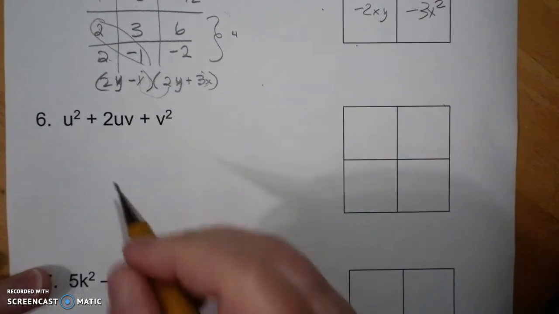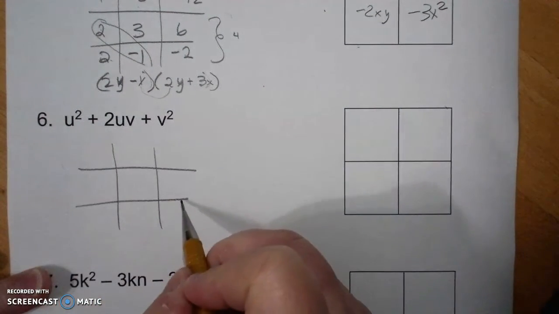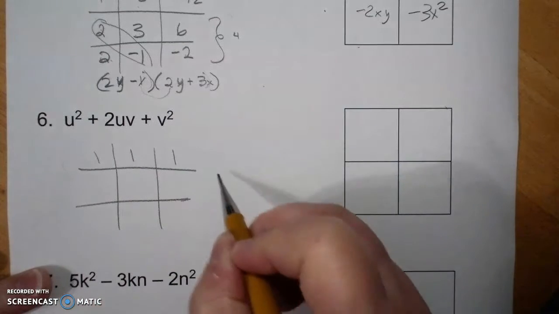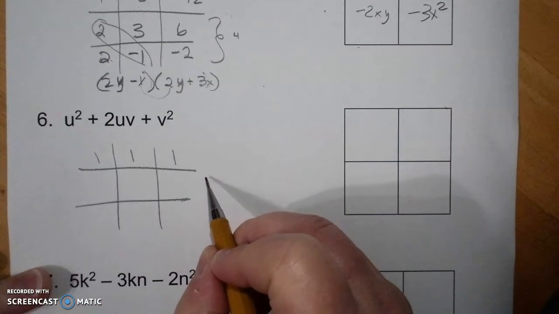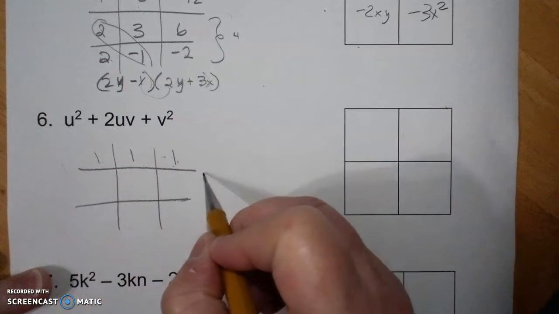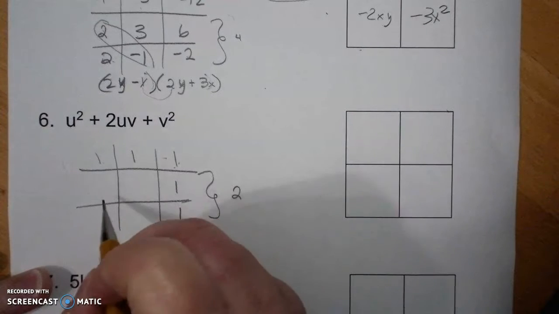Same thing here. I'm going to do it as u, and u, and then tack on the v. 1 and 1 is multiple a and c and ac. When we add them, we have to get 2, 1 and 1.